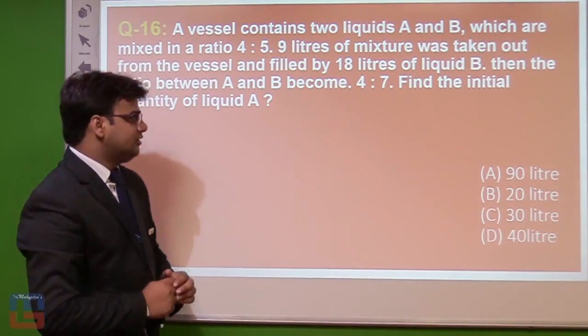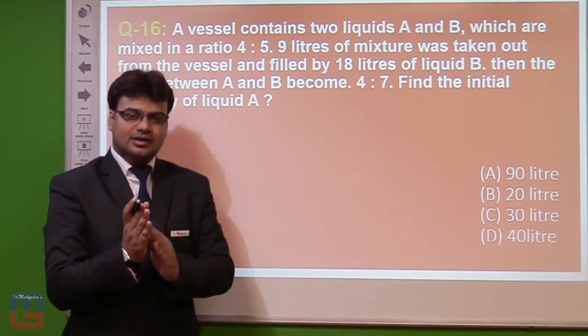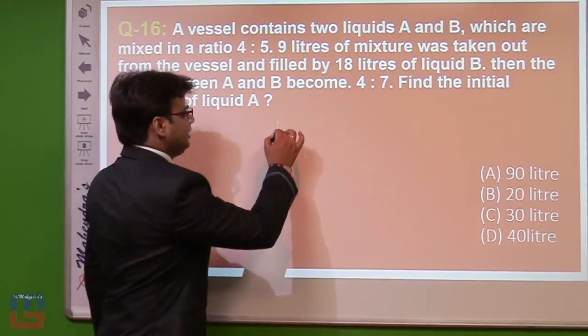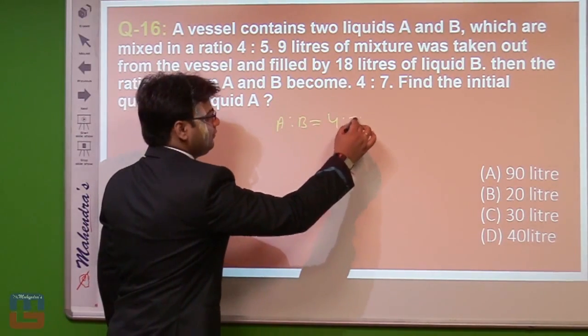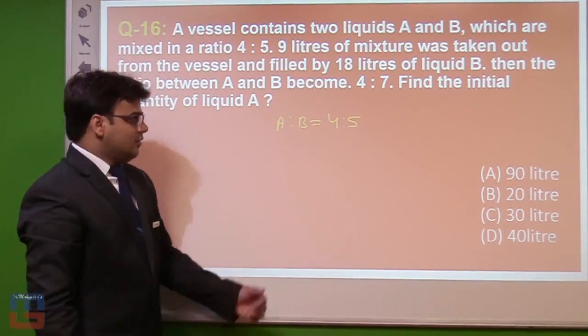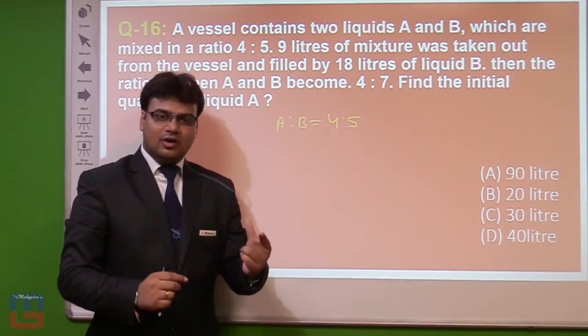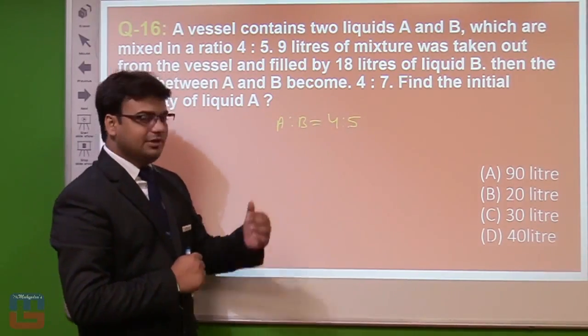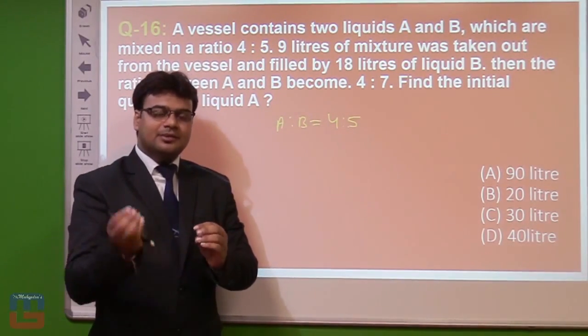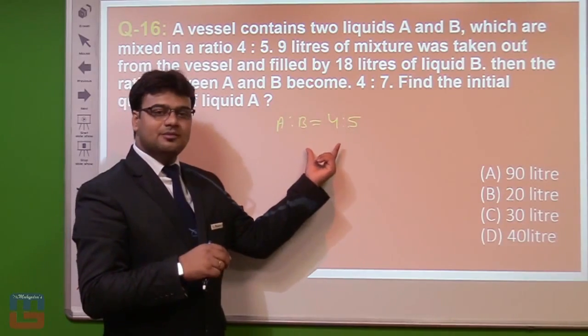In these types of questions, the condition is that the initial ratio of A:B is 4:5. When 9 liters of mixture are taken out and replaced or filled with liquid B, until another liquid is mixed, the ratio will remain the same.